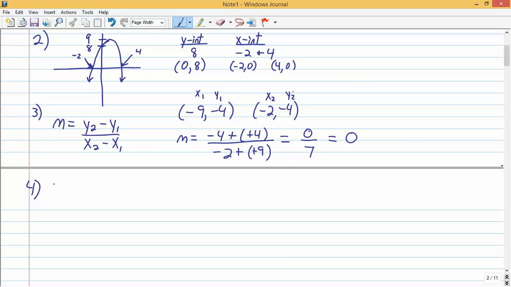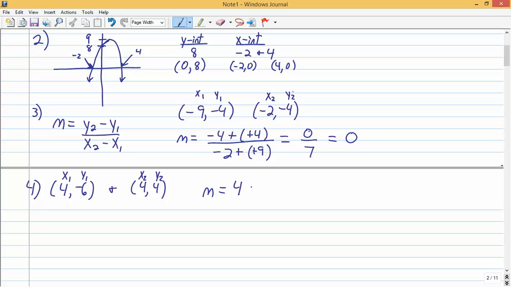Number 4. Find the slope between the 2 points, or of a line passing through the 2 points, 4, -6, and 4, 4. I'm going to label my points, x sub 1, y sub 1, x sub 2, y sub 2, and follow my slope formula.